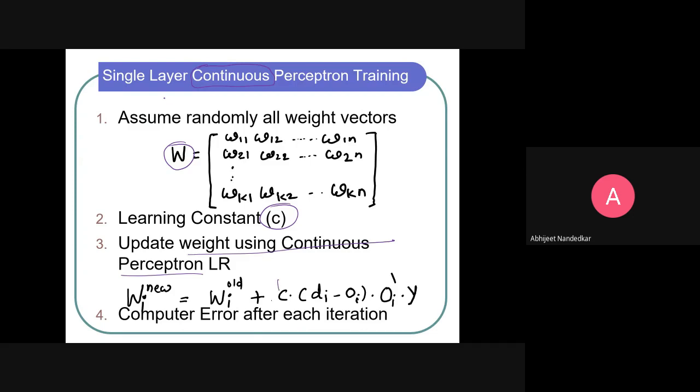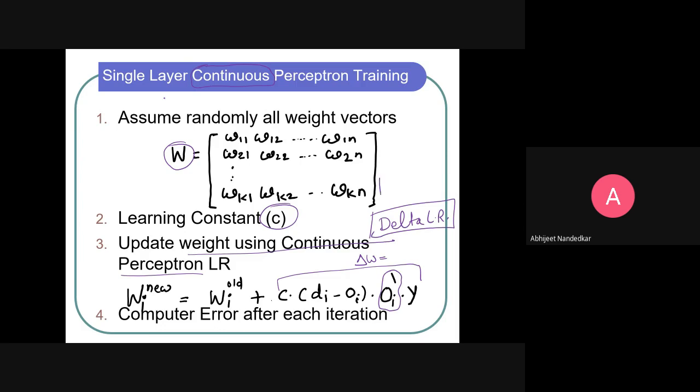This delta W will change. So this delta W is equal to C into Di minus Oi. So this extra term will come because of this continuous activation function, into Y. So this is nothing but your delta learning rule. So we have to use the delta learning rule when we go for a continuous activation function.